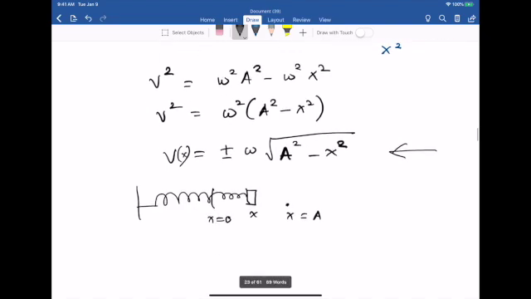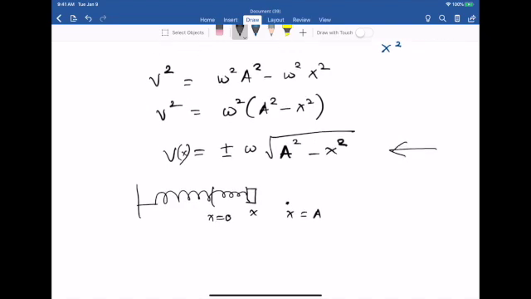One thing we can see from this expression is what the maximum velocity of the simple harmonic oscillator is going to be. So v max, the maximum velocity that the mass ever has, happens when, by just looking at the mathematical structure of this expression, how can you make it as large as it possibly can be? This expression will reach its maximum value when you get rid of this x squared, because x squared is subtracting from a squared and diminishing the value of the expression.